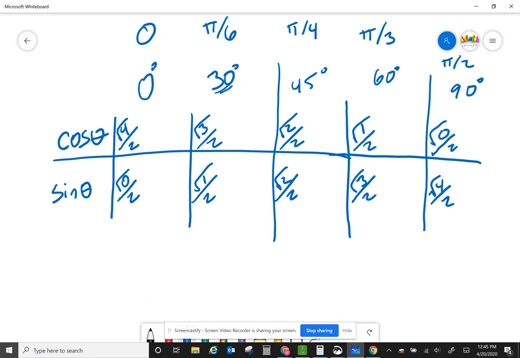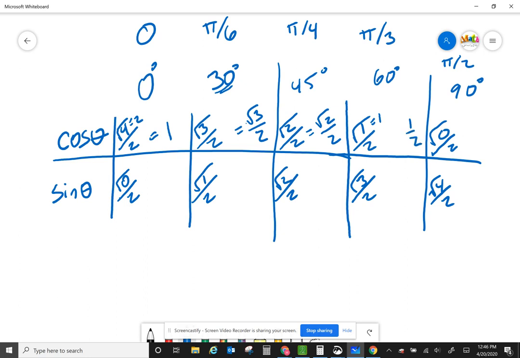Okay, now for cosine, simplify each if possible. Isn't the square root of 4 equal to 2? So I'm looking at this fraction as 2 over 2. Isn't that just 1? For 30 degrees, I cannot simplify that, so I get square root of 3 over 2. This other one, square root of 2 over 2, I can't simplify that either. Now, isn't the square root of 1 equal to 1?